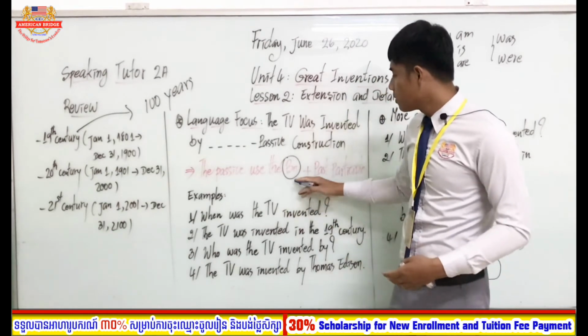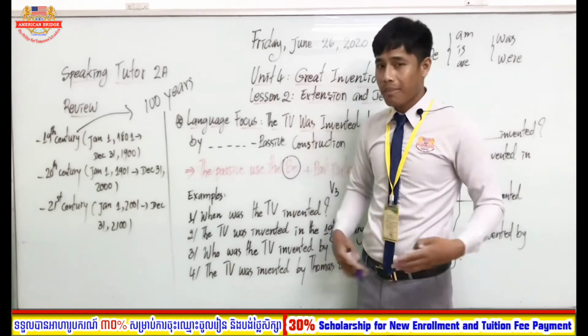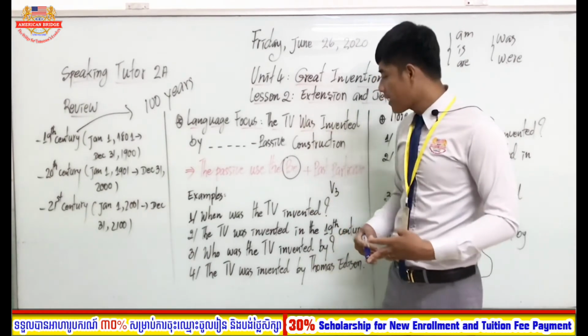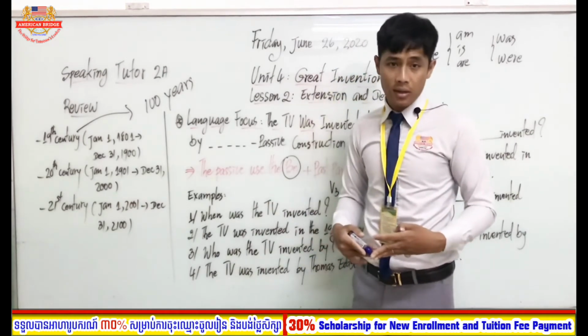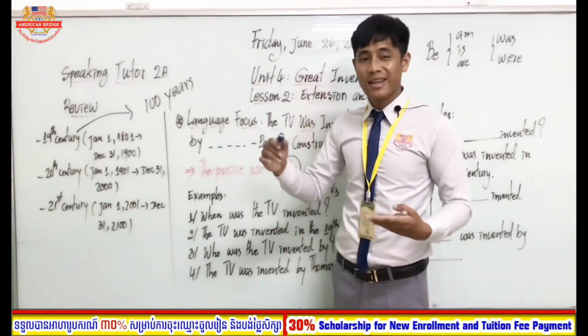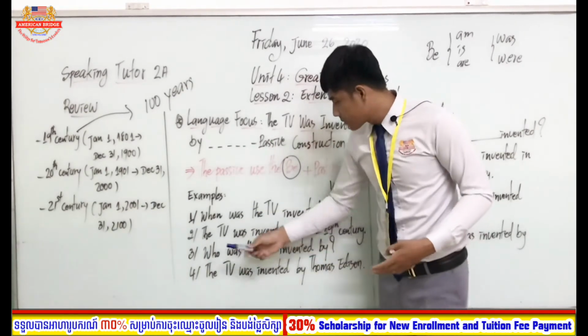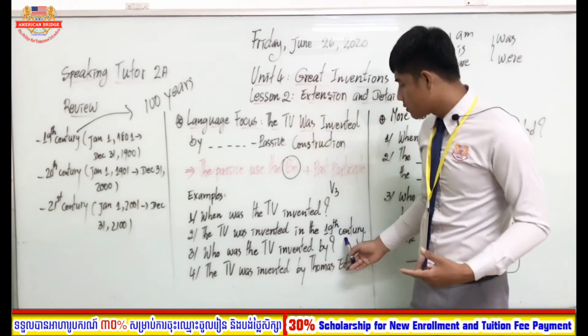Okay, everyone. So let's see, why do we use passive voice? We use it to focus on the subject that is affected by the action. Example: the TV was invented in the 19th century.